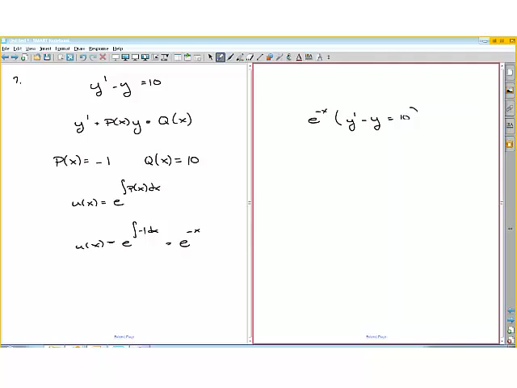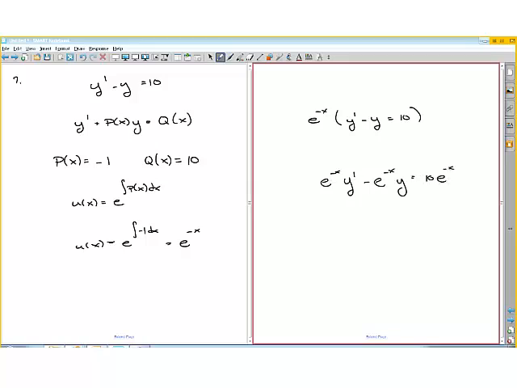So what that gives us is e to the minus x y prime minus e to the minus x y is equal to 10 times e to the minus x.